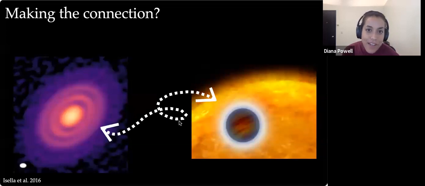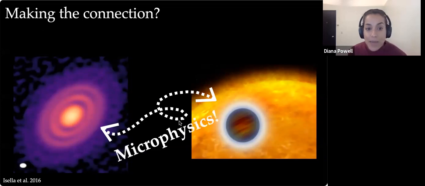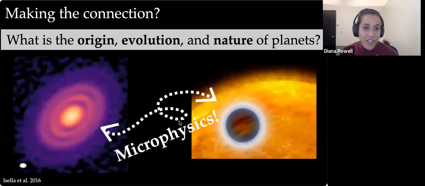Okay, so to make the connection between protoplanetary disks and planetary atmospheres, we need better physical models to interpret current and upcoming observations. I'll argue that microphysics will be important in making this connection, and microphysics might actually be the key to understanding a lot more about the origin, evolution, and nature of planets.